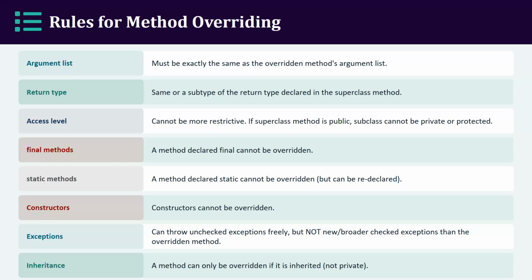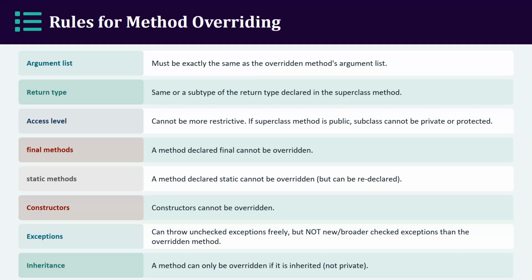So what are the rules for method overriding? You need to note the rules for method overriding. One is the argument list. It must be exactly the same as the overridden method's argument list. The return type must also be the same as, or a subtype of, the return type declared in the superclass.